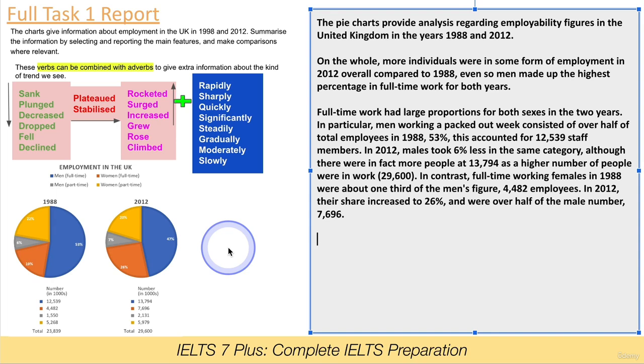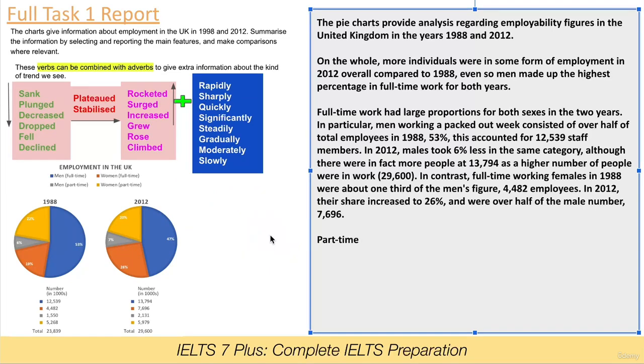Okay, let's go to part-time. Right, so part-time, we have the grey and we have the yellow. So they are both quite close to about a quarter.